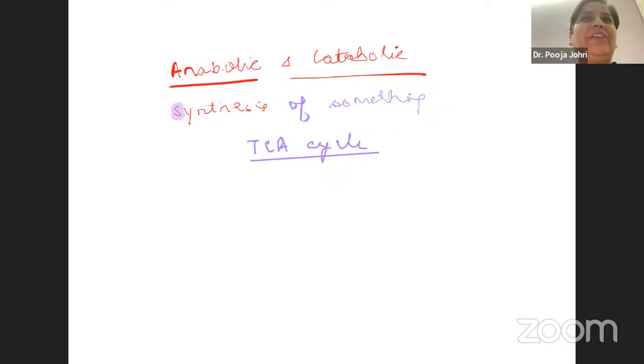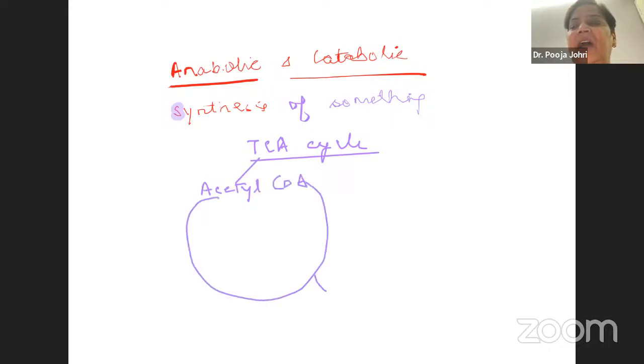It occurs in the matrix of mitochondria. Now, how can we say that it is catabolic and anabolic? Now, see, first of all, catabolism, because you know that acetyl coenzyme A, which is produced, undergoes degradation, giving out two molecules of carbon dioxide here, isn't it? So we are giving out carbon dioxide.